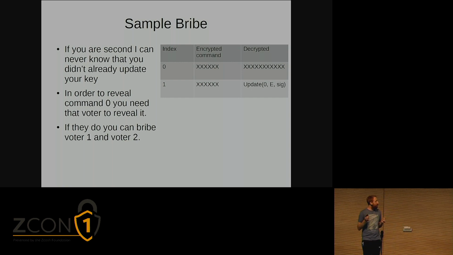So it becomes difficult or impossible for a briber to be convinced, because the briber basically needs to know all of the commands that have happened in order to accept a bribe. As long as some people are honest, there's no way for them to be convinced of this. The first person can get bribed, but we can have this key update system where people update their keys before they actually vote, and that should work fine.